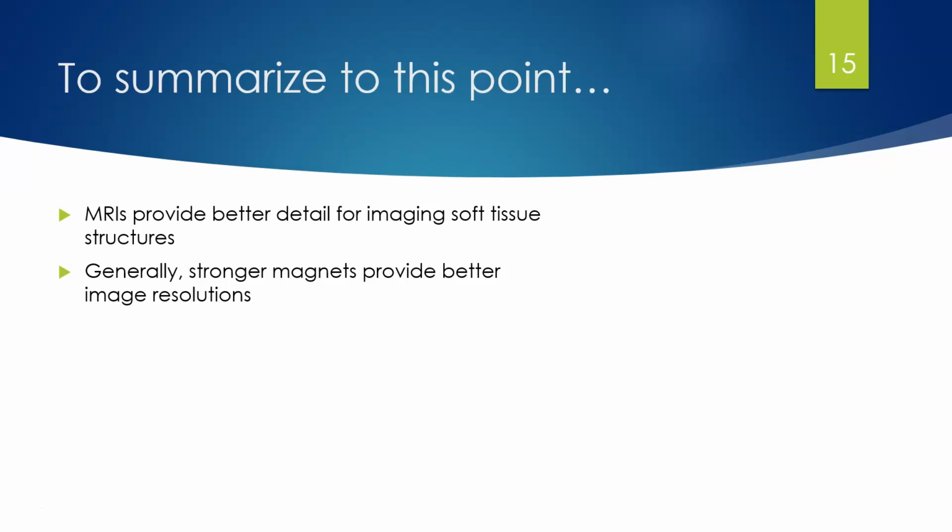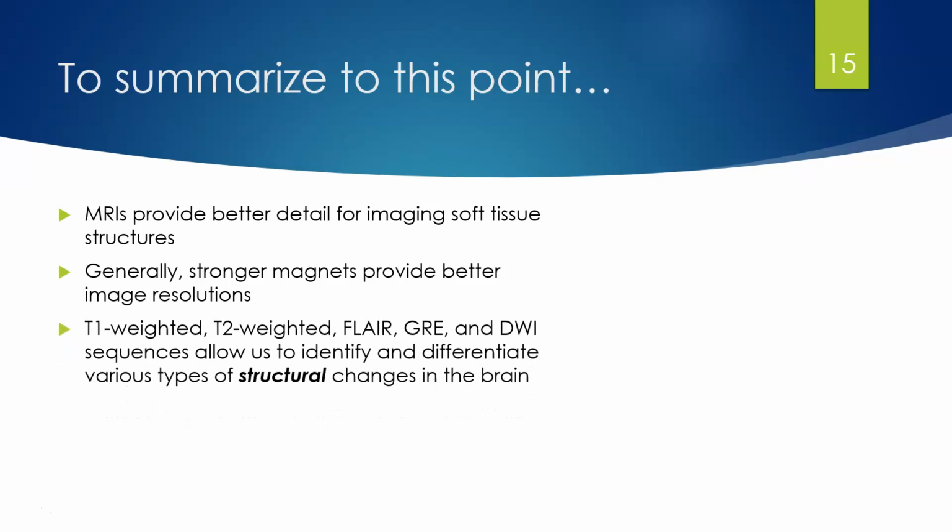And let's go with this premise for all intents and purposes. T1 weighted, T2 weighted, FLAIR, GRE, and DWI sequences allow us to see and identify and appreciate different types of structural changes in the brain.